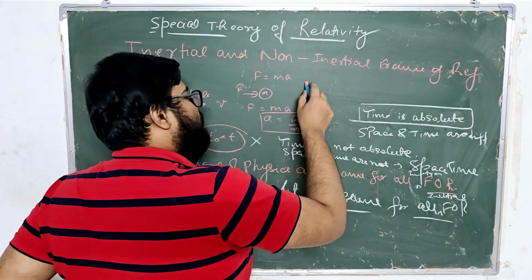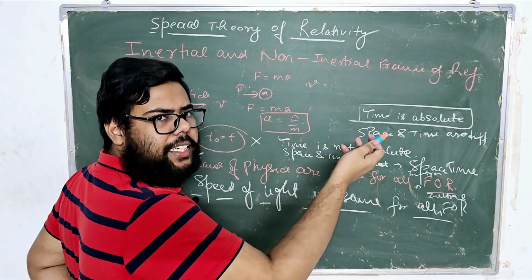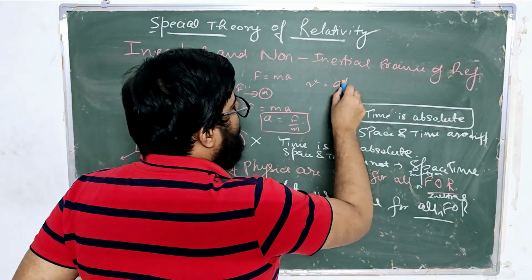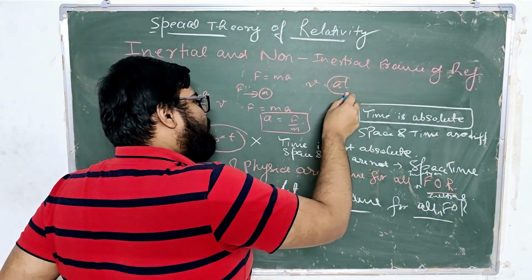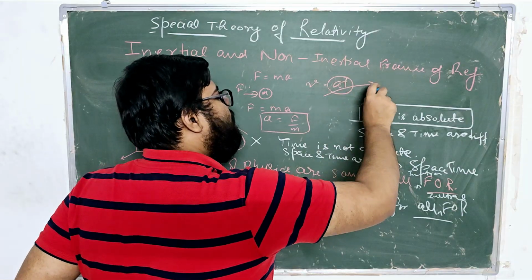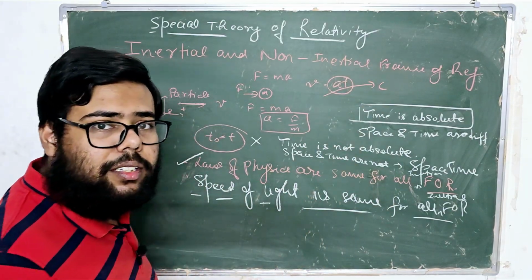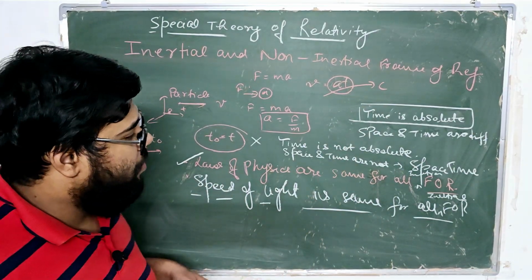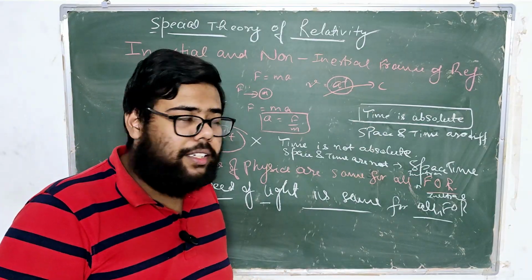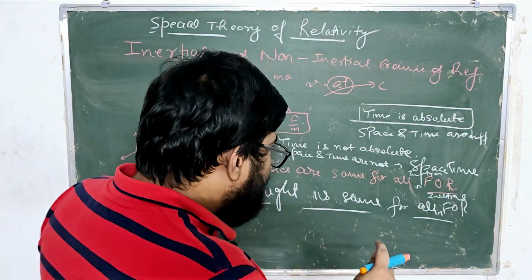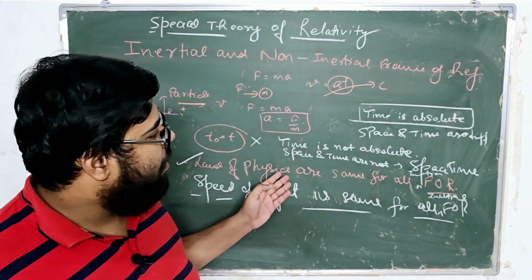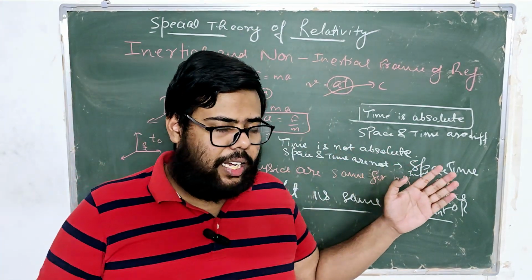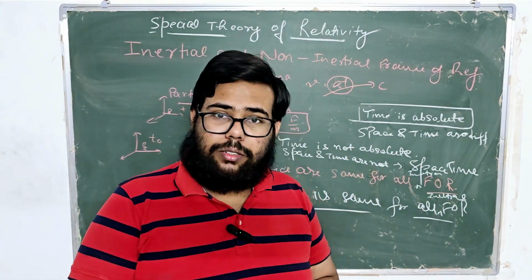So it means that v, suppose it was initially at rest, will be equal to at. Now it's possible that at will tend towards the speed of light, or it can go even more than the speed of light. So according to Newton's laws of motion, a particle can achieve infinite speed also.